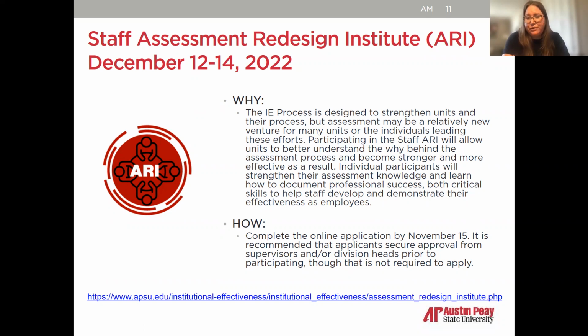Please feel free to fill out that application online, or you can also reach out to me if you have any questions about that. And we hope that this is something you can put on your resume and your performance review, that you can use to take with you as a professional development achievement that you've completed, if you do the work, if you do the ARI.